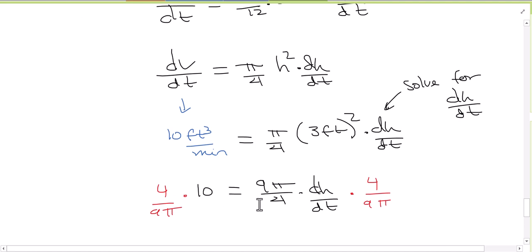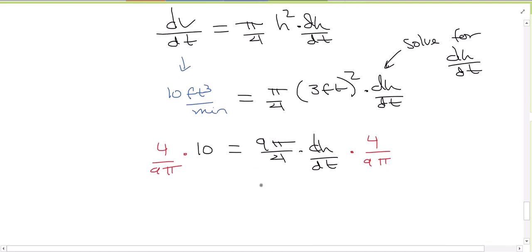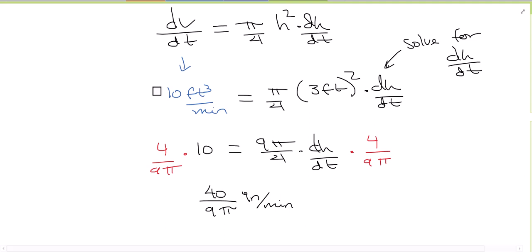And so what are we going to have? I'm going to have 40 divided by 9 pi feet per minute. The previous problem had inches, so this will be feet, because we had feet cubed divided by feet squared. It's going to just give us feet, equals dh/dt.